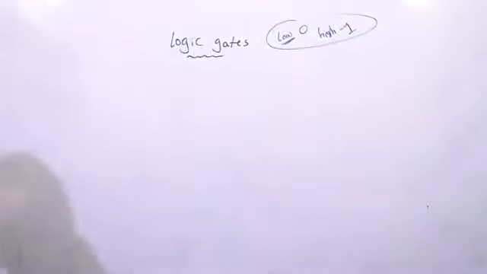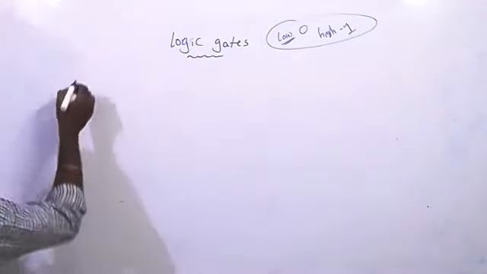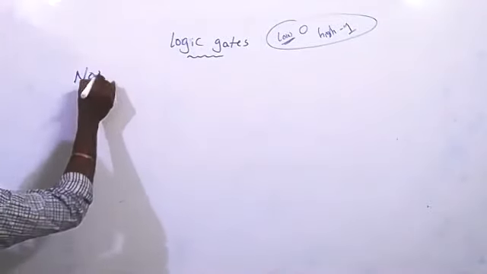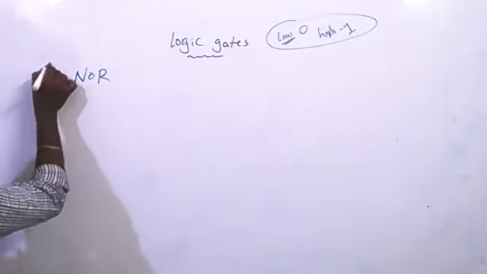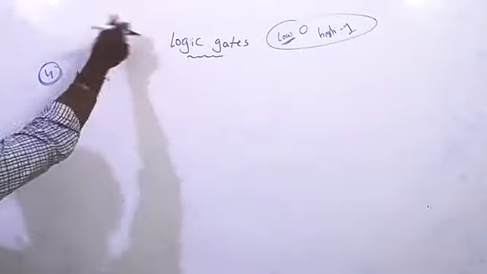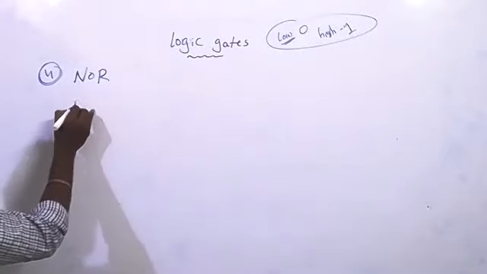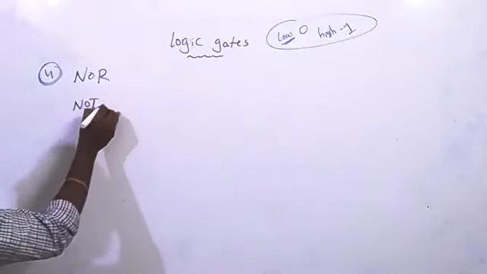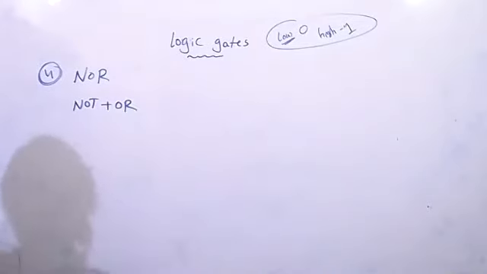So the first one is the NOR gate. The fourth one is the NOR gate. It is not a basic gate. It is the combination of the basic gates. So NOR gate means NOT plus OR. NOT plus OR is called NOR.